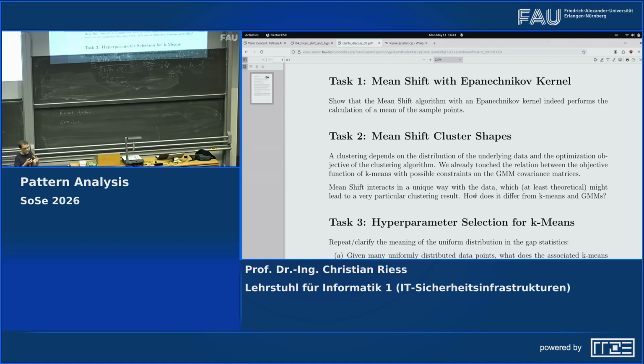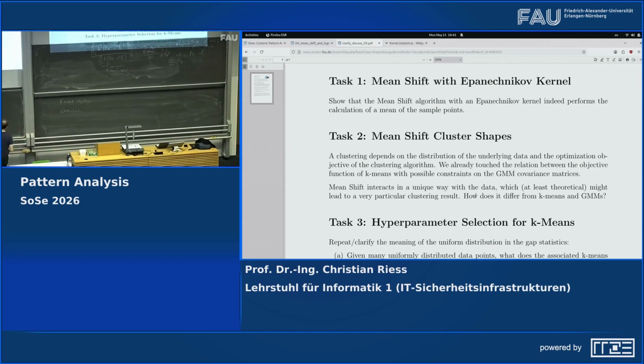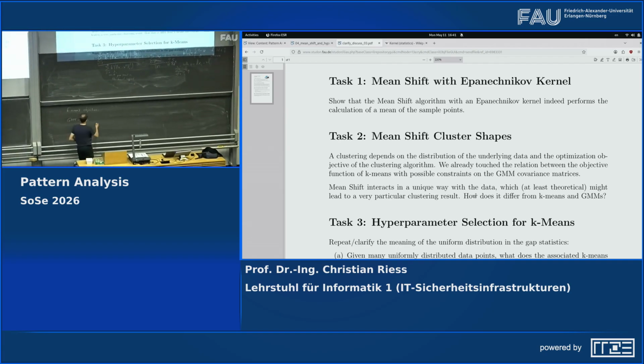What was the optimization criterion for k-means clustering? Yeah, the within cluster distances for all the prototypes, within cluster distance.